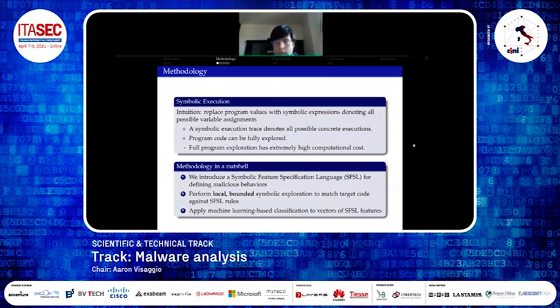Each rule is a triplet, which I will explain in the coming slides. The second phase is to explore the binary with symbolic execution to match the target code with our SFSL rule. The third is the feature vector, which we generate from the second phase.